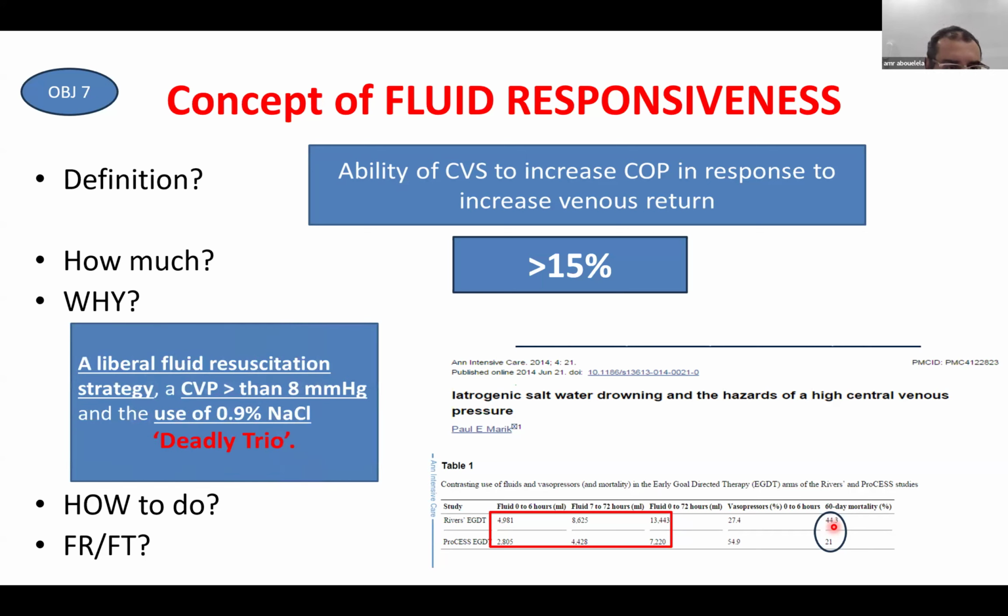The result of this study, they concluded that a liberal fluid resuscitation strategy, CVP more than 8, and use of normal saline as the main fluid of resuscitation are the deadly trio, the triad of death. Saline, high CVP, and liberal fluid resuscitation are the triad of death, increasing the mortality. And this is, of course, not acceptable: to give fluid and fluid and fluid without checking if the patient will really improve or respond to this fluid or not.